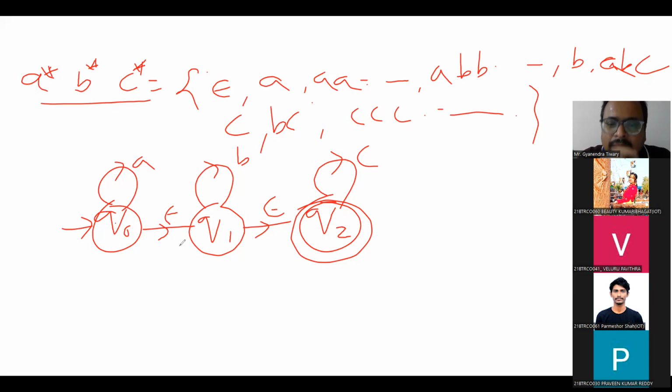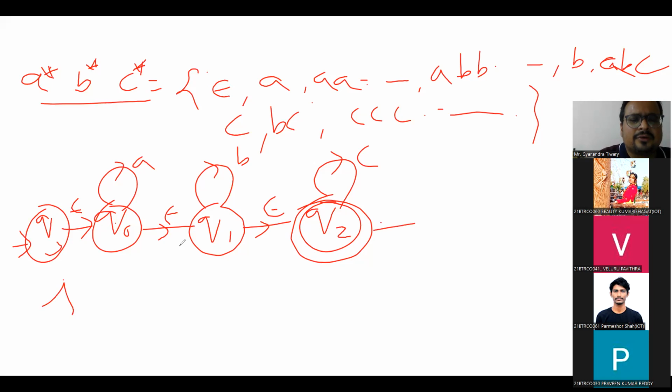Sir, can't we take another state as initial and begin with epsilon? Yes, we can, no problem. Let's say another state Q3, and on epsilon this will reach here.